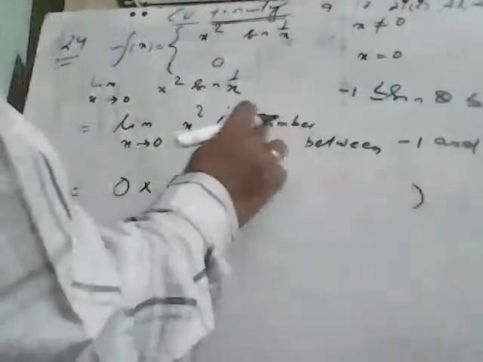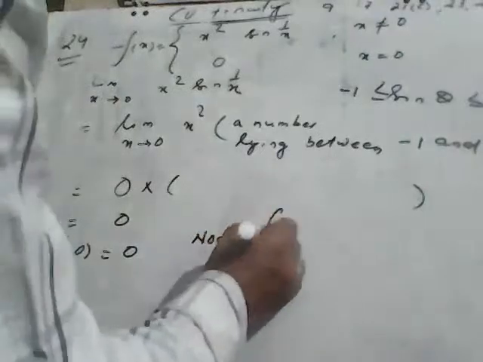Now, as x is not equal to 0, for finding its limit we will proceed to 0. If you put 0 into this result, a number lying between -1 and 1, your answer is coming 0.